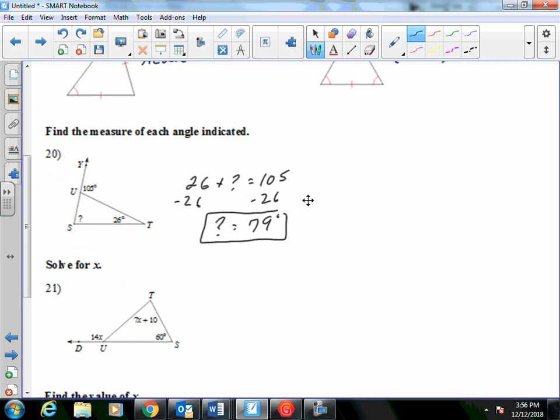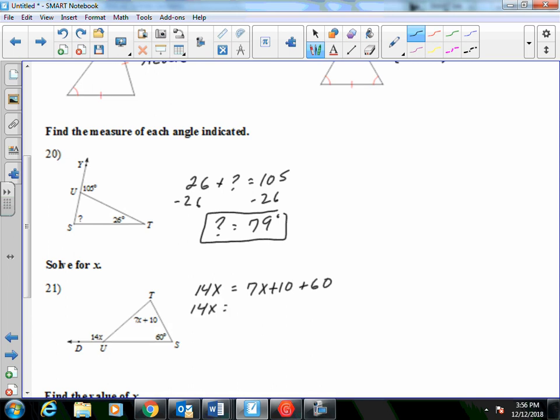All right, next one, 21. Very similar, just a little more difficult because we've got some x's added into the problem, but we're still just solving for x on this one. So the outside angle, the exterior angle, 14x, should be equal to the two interior angles added together. So 7x plus 10 plus the 60.